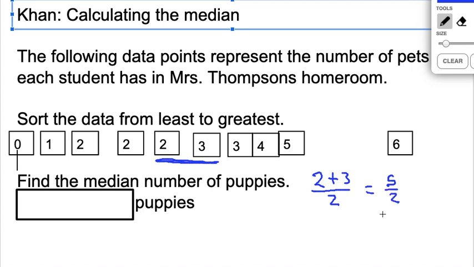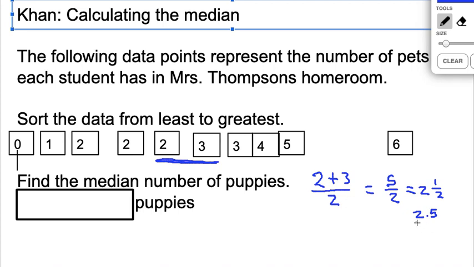Now, in Khan, you could enter it in. I think it'll let you enter it in as 5 halves. We could also enter that in as 2 and 1/2, and we also realize that that would be 2.5. I think it'll let you put any of those options in there for your median on this one.